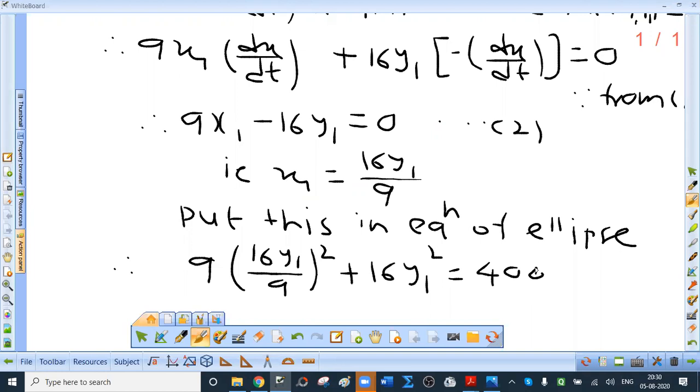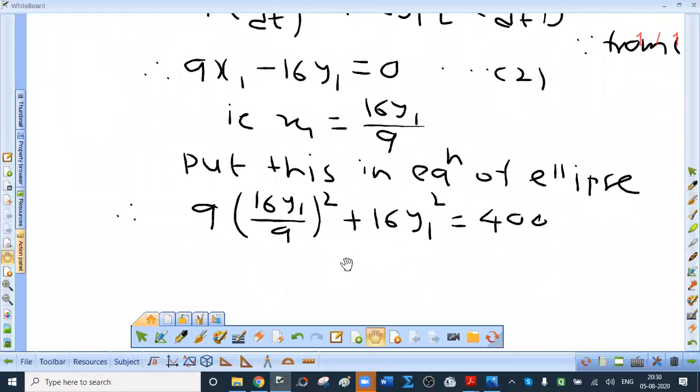We are interested in finding the coordinates of the point, which we have taken as x1, y1. There are two unknowns, so we must obtain two equations. One equation we already know: as the point lies on the ellipse, the coordinates satisfy the equation. Now using the condition that the y coordinate is decreasing and the x coordinate is increasing, we get another equation. Simple.